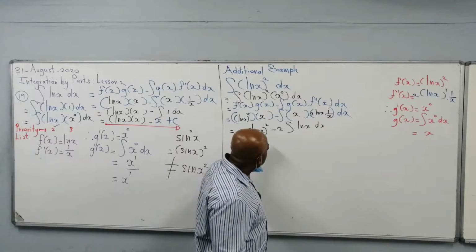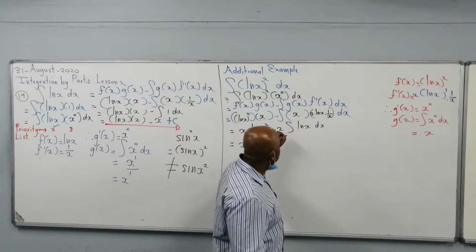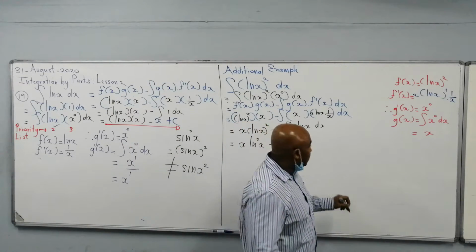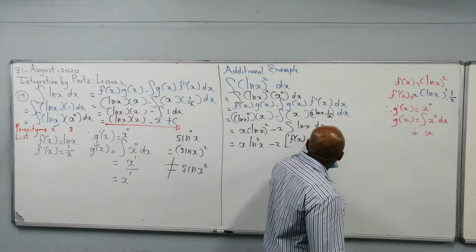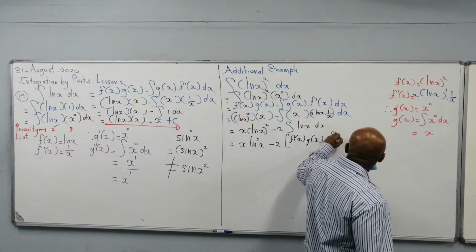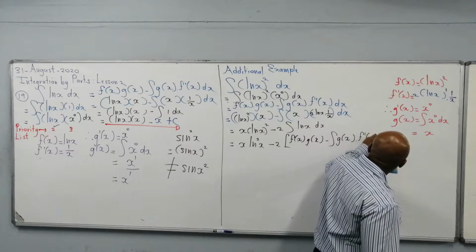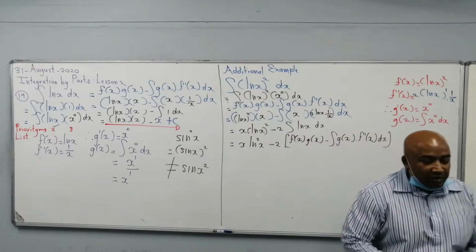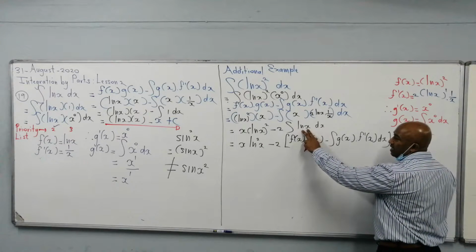So now I got minus 2 times, I need to integrate, so therefore I need to open up a bracket and I need to apply the formula. The formula here is f of x, g of x minus the integral of g of x times f prime x dx. So now you're using the formula for the second time, but clearly I got my ln x there.